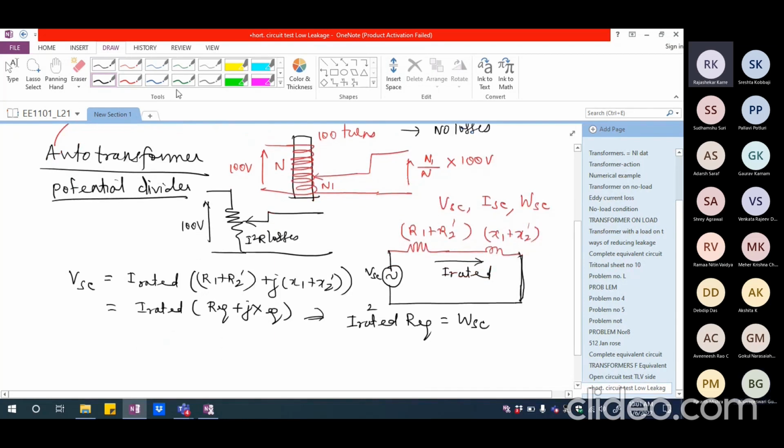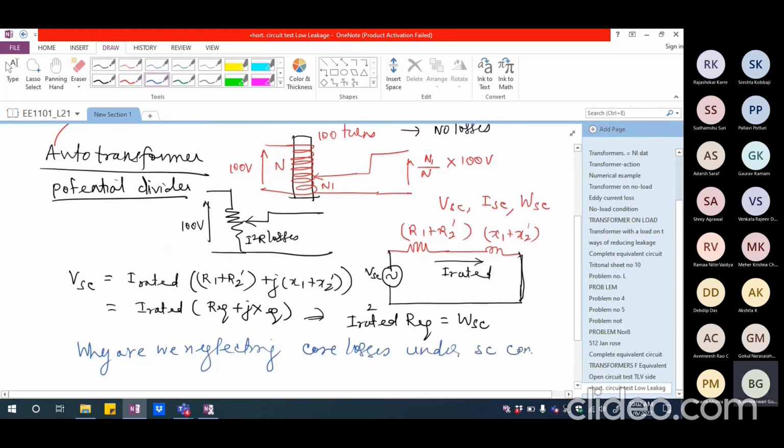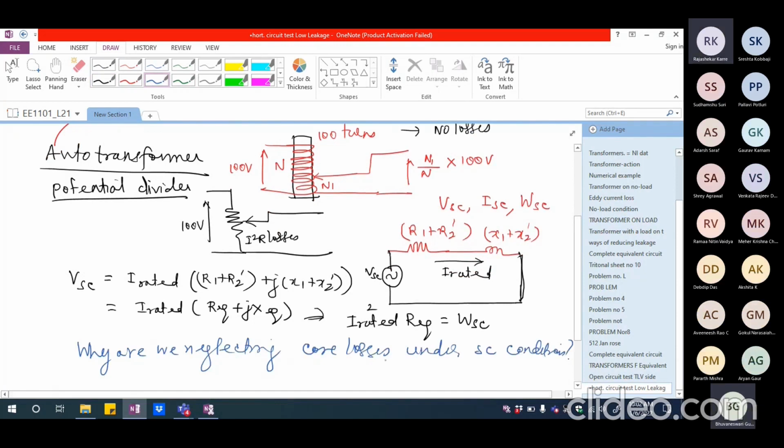So why are we neglecting core losses under short circuit condition? Unless we satisfactorily answer this question, we can't afford to neglect the core losses. That's what I'm trying to get at.